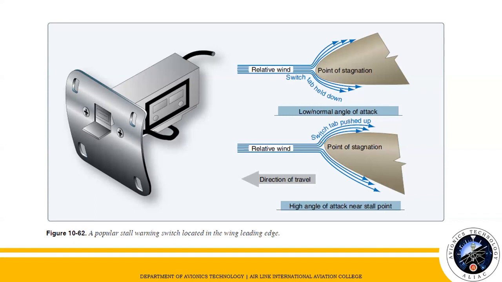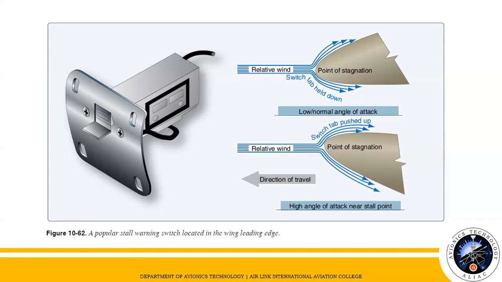Same din yan dito sa ganitong klaseng stall warning switch or device. Meron din siyang audible tone as the AOA increases to the near point where the aircraft will stall.